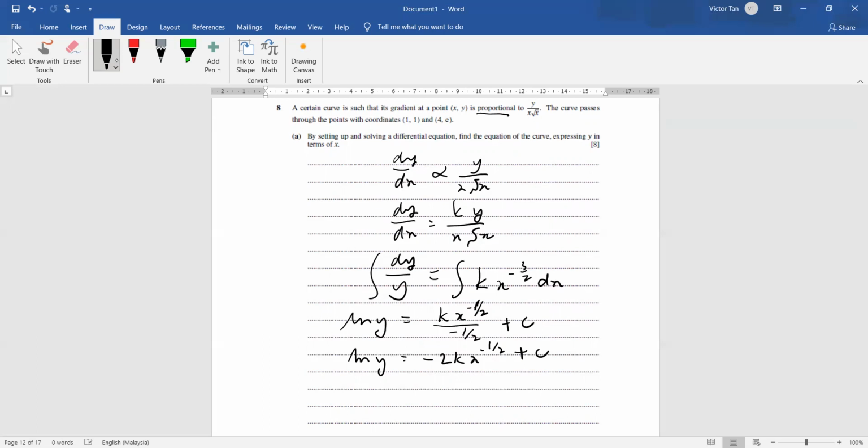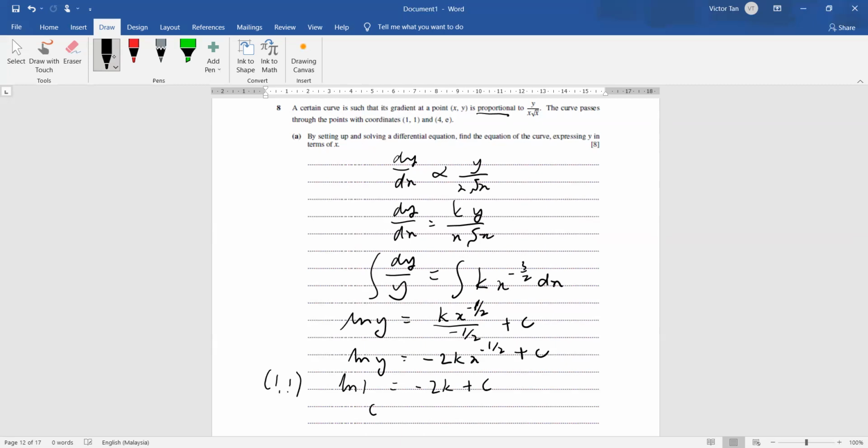First, I'm going to take the points. I'm going to take (1, 1) first. Ln of 1 is 0. So ln 1 equals 2k plus c. So c equals minus 2k.